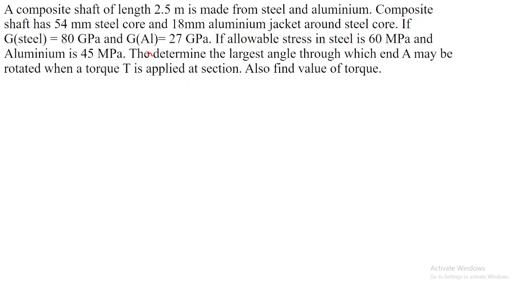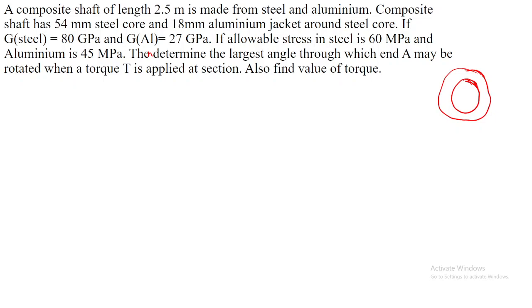So here you have to find out both the torque and the largest angle of twist. Sir, here it is written as 54 mm steel core. Does it mean that it is the diameter or the radius? Yes, it is actually the diameter. Sir, core means we will be denoting this as the core, and 18 mm is the thickness only.